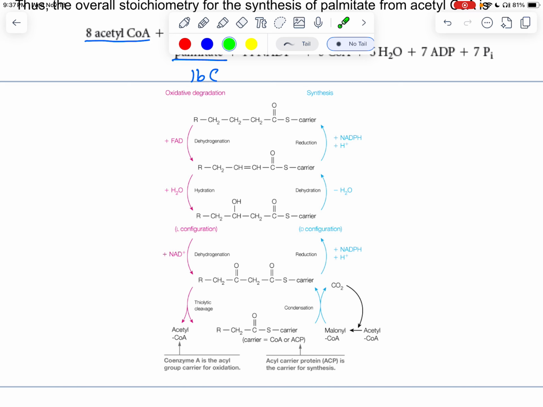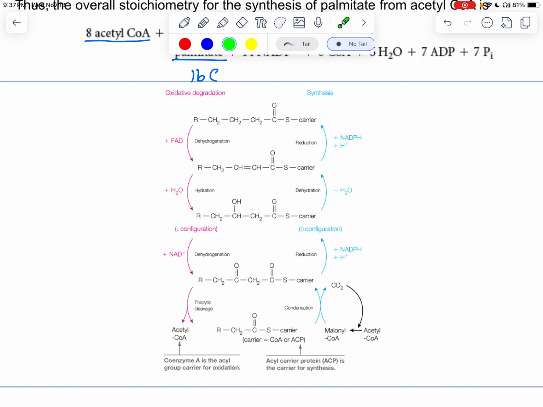Looking at it in reverse now, starting with a small molecule, the acetyl and malonyl, we're going to start with this condensation. So we're adding the 2 together to make it bigger. Then we're going to reduce it, so we're going from the carbonyl to the OH. We have a dehydration, so we're pulling that OH and H off and getting our double bond.